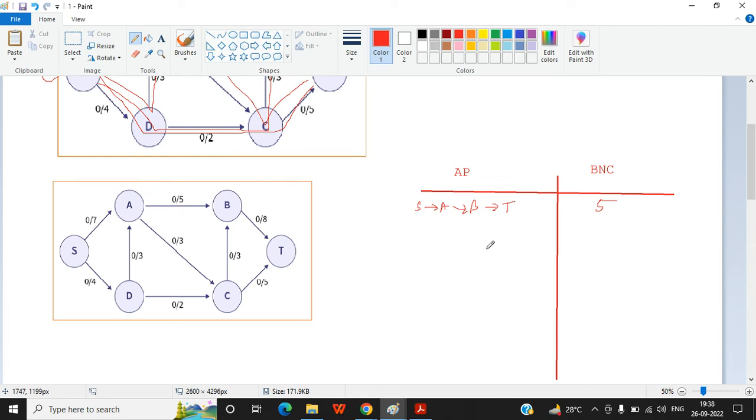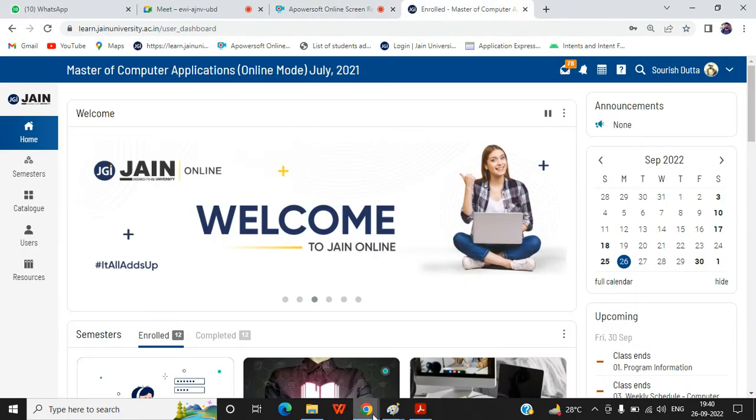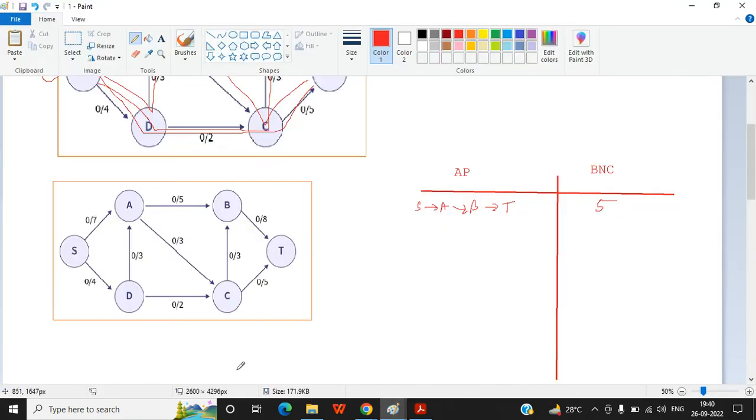Now taking the next augmenting path. S to D, D to C, C to T. So this is your bottleneck capacity, right? Now, what you have to do? You have to give this flow in this path.